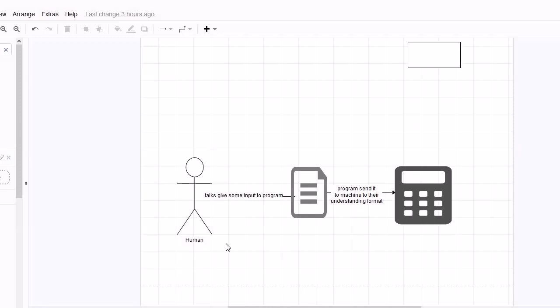If you go with this diagram, then the definition is: a program is nothing but a way, or say a mechanism, by which you can communicate with a machine or a device. In this example, there is some instruction set which is already fed within this machine, and we are passing the input values along with the operations, and then it returns some value which is displayed on the screen.